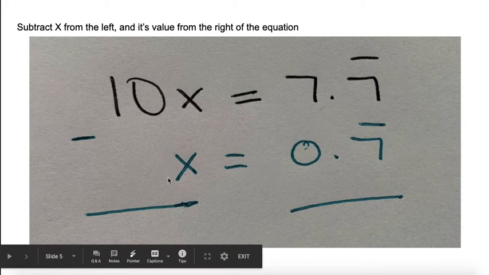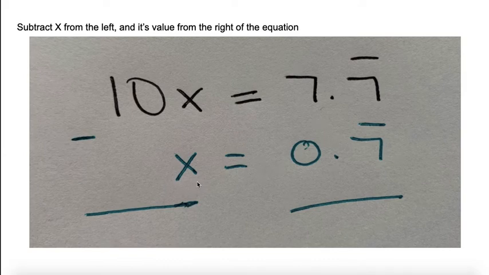Even though there's not a 1 in front of our x, we just have to remember that anytime we see an x with no other number in front of it, it stands for 1x. So we're going to be doing 10x minus 1x. So 10 minus 1, we can all do 10 minus 1. And on the right side, we are going to do 7.7 repeating minus 0.7 repeating.